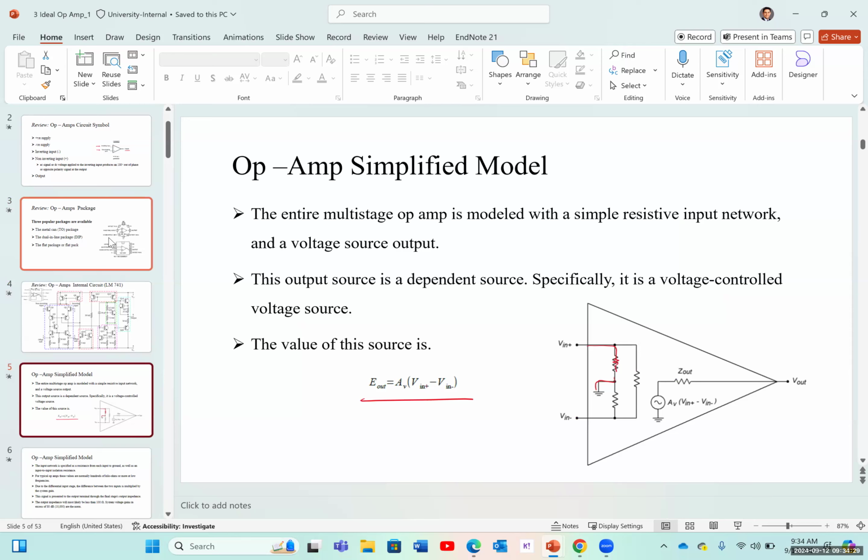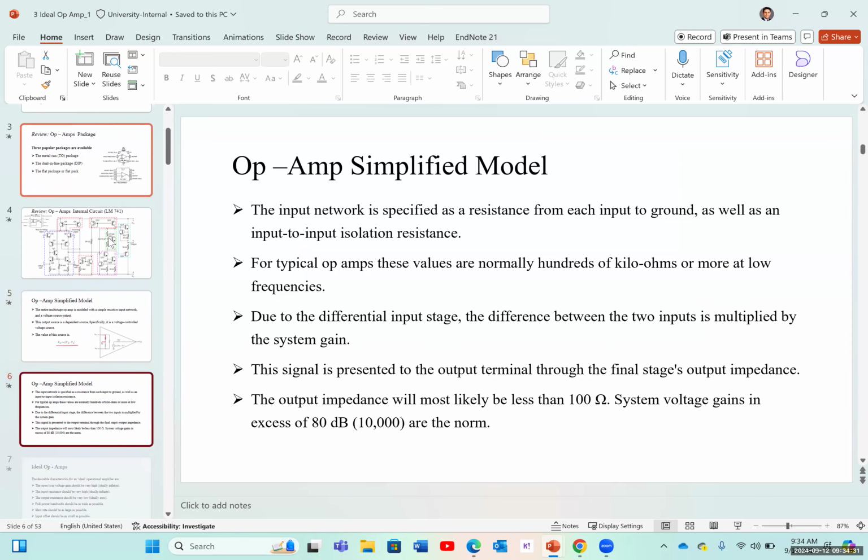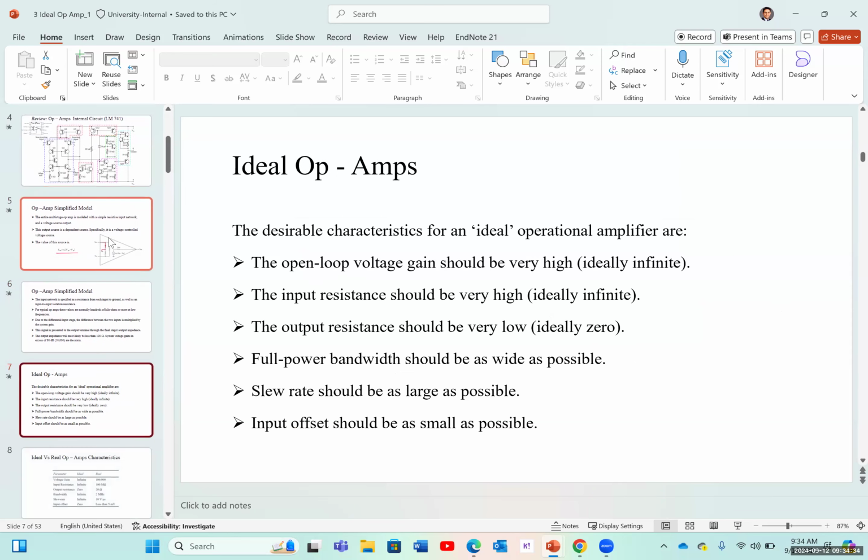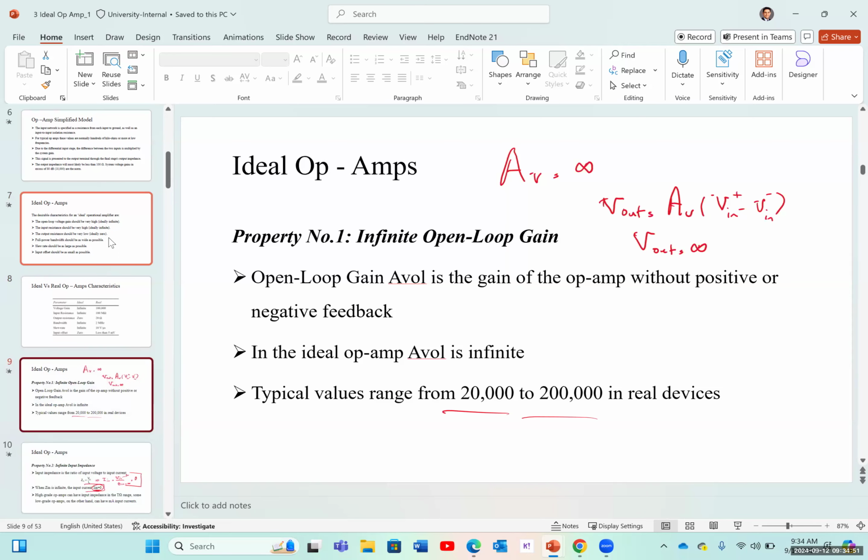So we learned about the ideal op amp model, ideal op amp characteristics like having infinite input resistance, input current of 0, 0 output resistance, and infinite open loop gain.